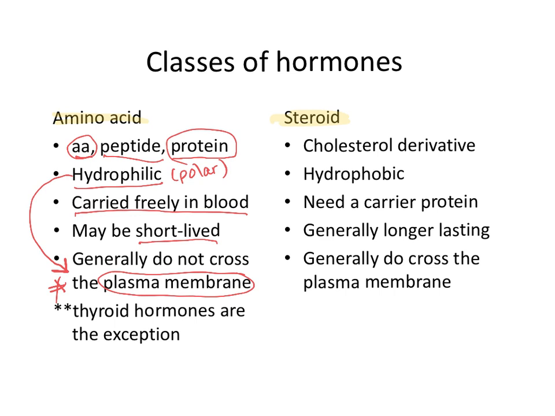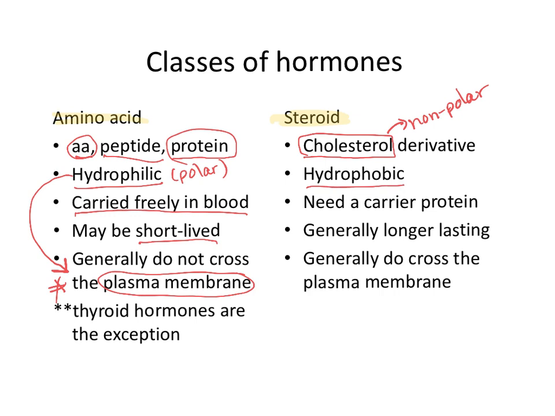Steroid hormones are kind of the opposite. They are made from a four-ring carbon structure that is cholesterol, and it belongs to the lipid class. So you know that this thing is largely nonpolar. Steroid hormones are typically hydrophobic because they are nonpolar.